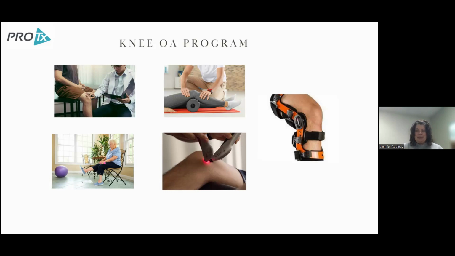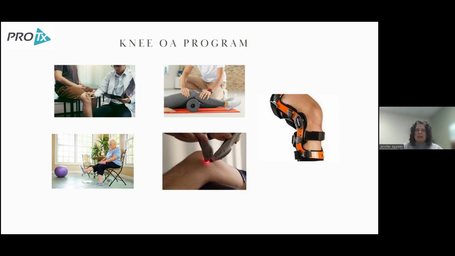There are things that can be done to help you with your pain. Keeping in mind, no, we're not going to get rid of your arthritis, but we are going to help you manage it and help you potentially slow down the rate, but at least help you manage and improve your quality of life.